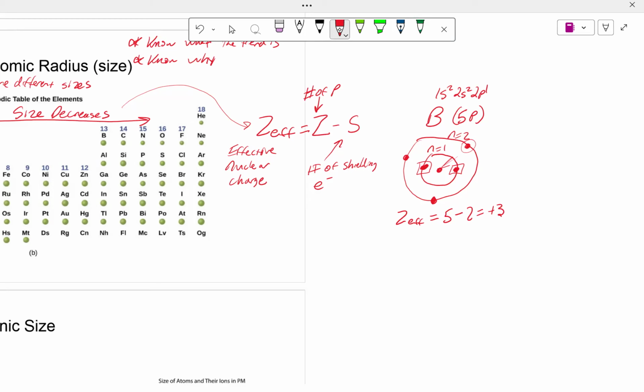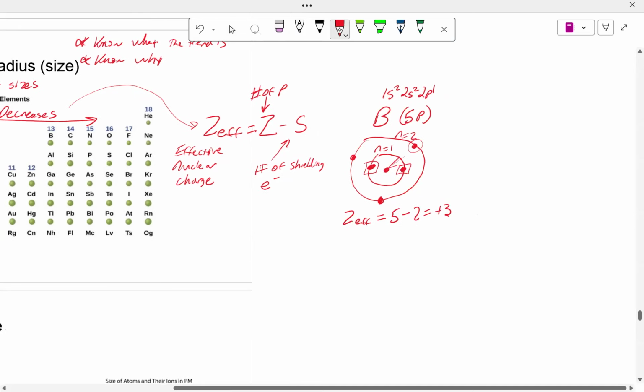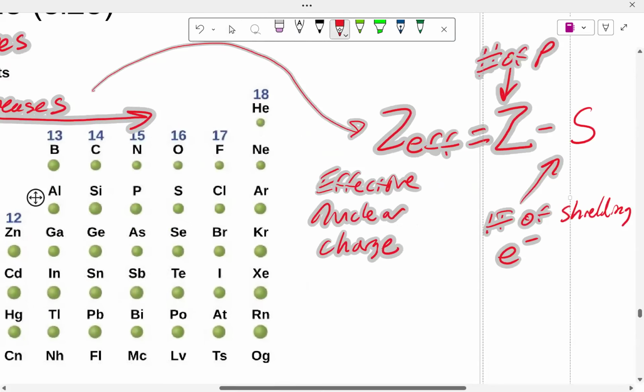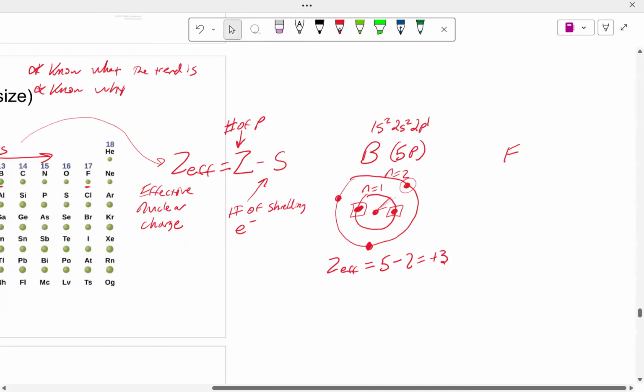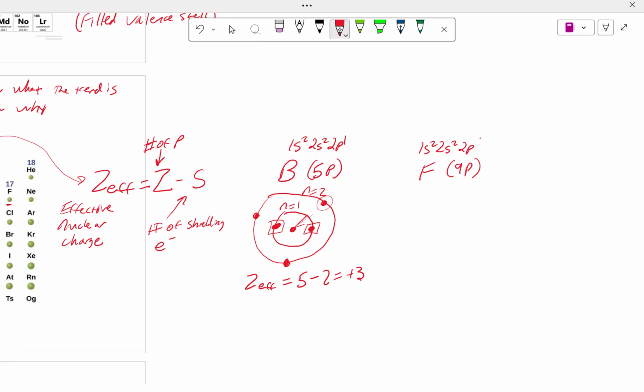Now, let's compare this to something like fluorine. Notice it's maybe a little hard to see. I'm going to zoom in there. Fluorine is a little bit smaller than boron. So why would the size go down? Well, fluorine has 9 protons in its nucleus, and its electron configuration looks like this. So again, we'll use the Bohr model.